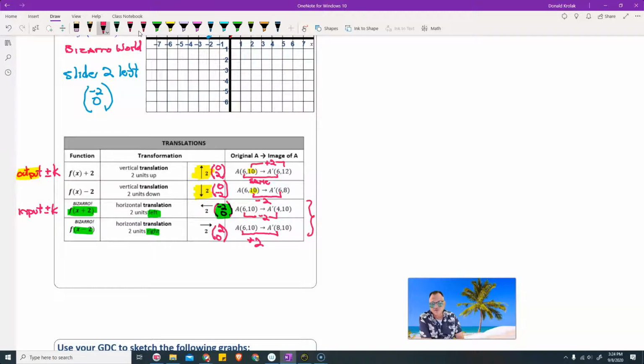So these two examples only affect the x's. And I don't know if it's affect or effect. So I think it's the A. Okay, and these two only affect the y coordinates.